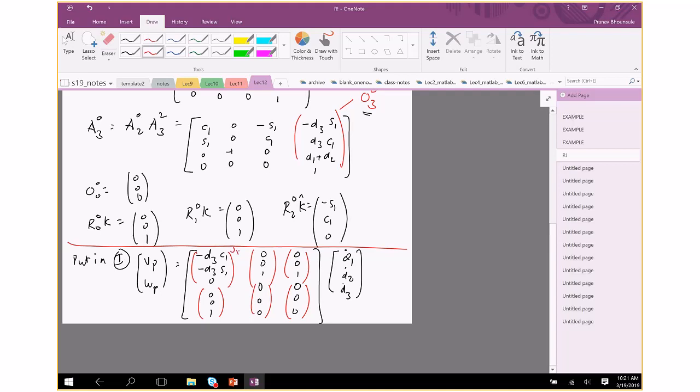So JV1, JV2, JV3, J omega 1, J omega 2, J omega 3. So now you can find the velocity of P if you know theta 1 dot, d2 dot, and d3 dot.